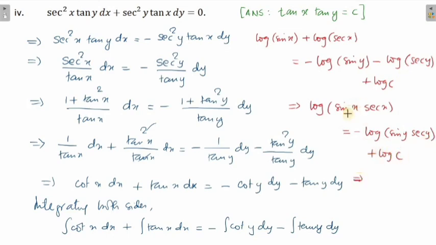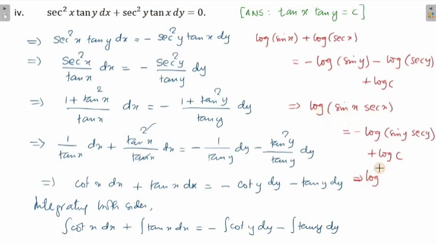And see, sec theta is 1 by cos theta, so it becomes sin theta by cos theta, which is tan theta, isn't it? Sin theta by cos theta, when sec goes to the denominator it becomes cos theta, sin theta by cos theta is tan theta.